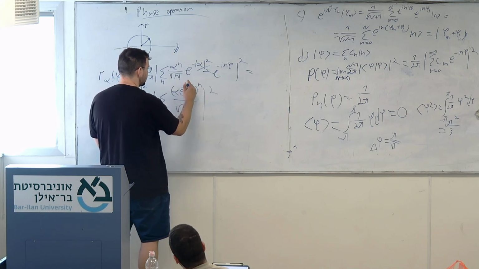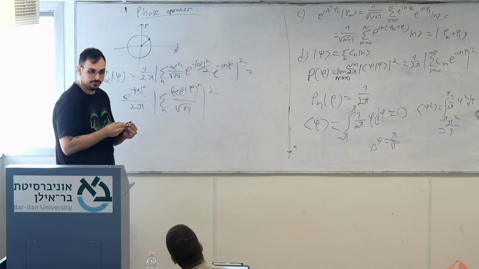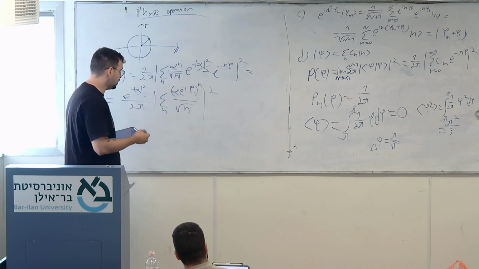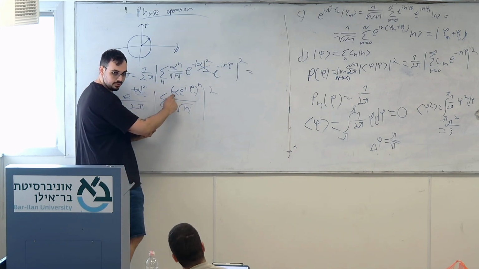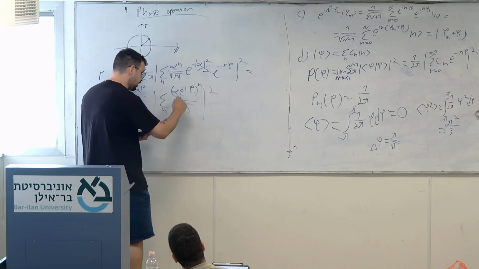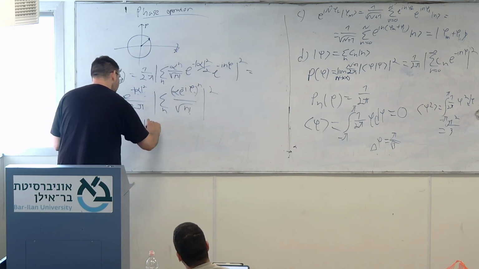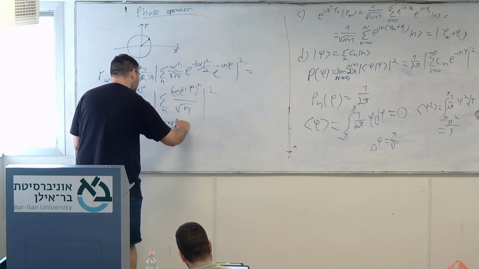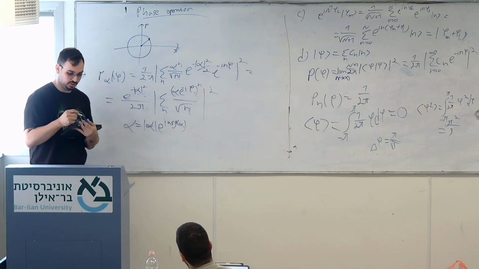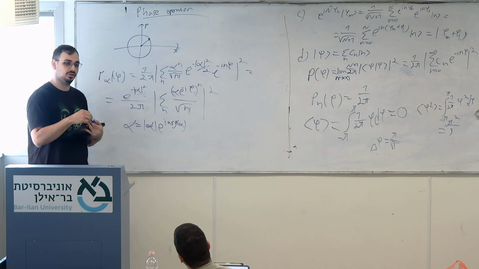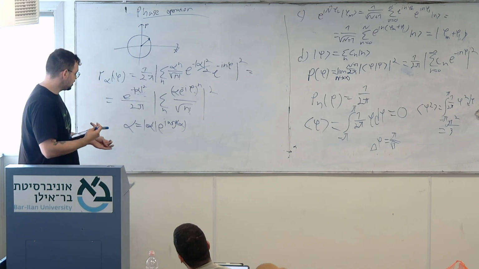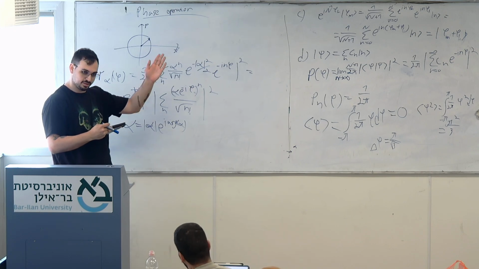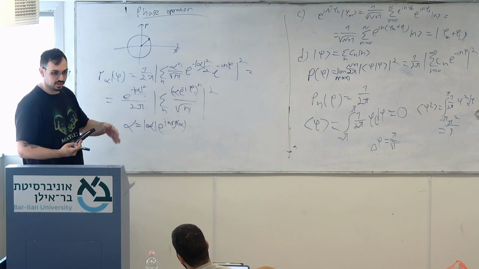This is supposed to be phi. Only the terms where phi is similar to the argument of alpha survive. If I replace alpha here with absolute value of alpha times e to the i arg alpha, the argument is basically the angle. If you put alpha in the xy plane, it's the angle.